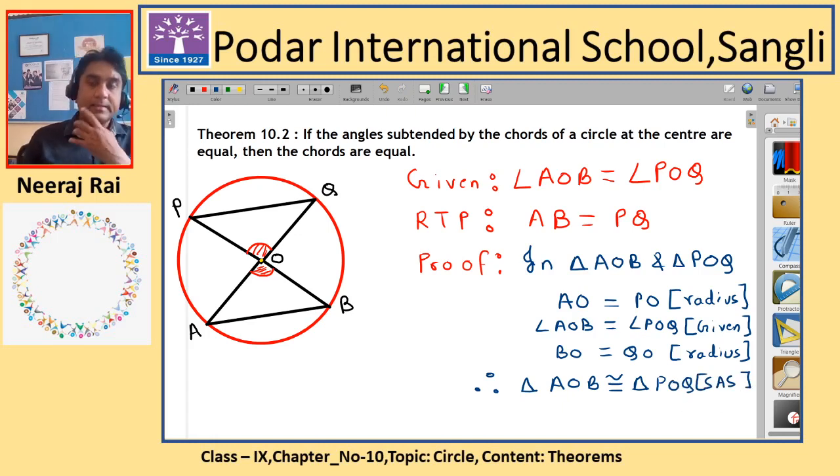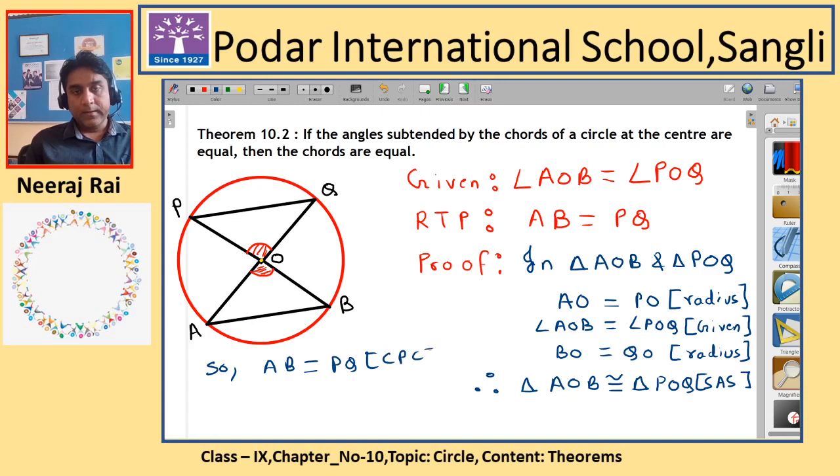Since these two triangles are congruent, therefore AB is equal to PQ by CPCT, corresponding parts of congruent triangles. So AB is equal to PQ. So that's proved. Hence it is proved.